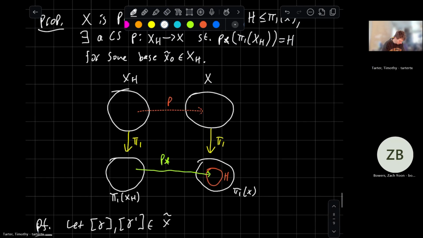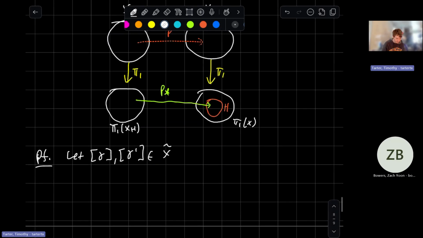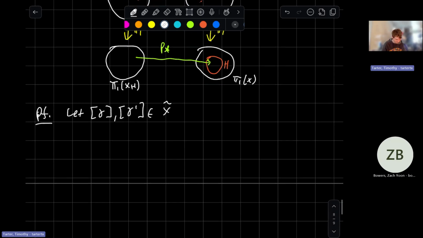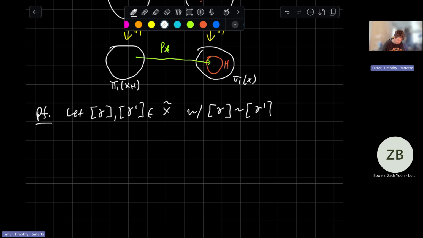I guess XH injects to X tilde. I'm a little confused. Maybe it'll work itself out.